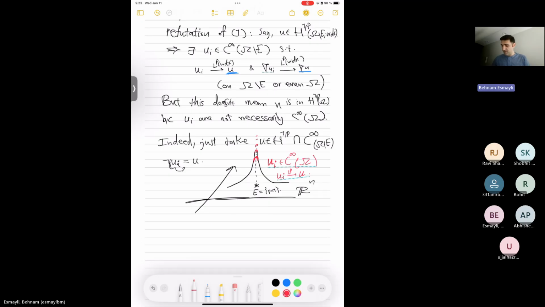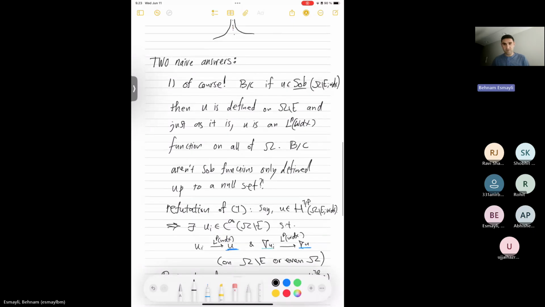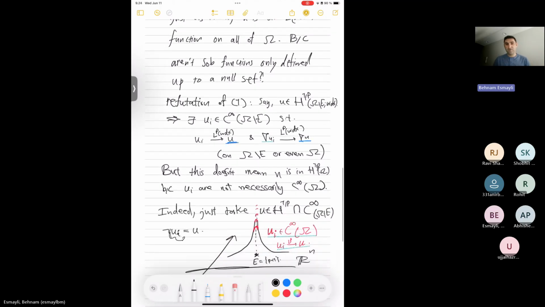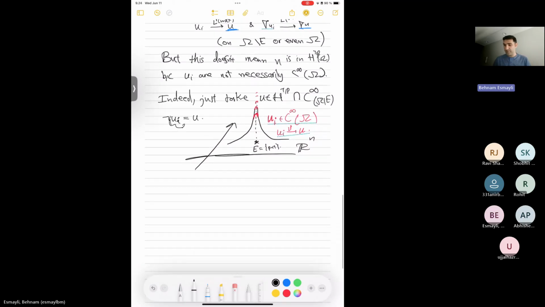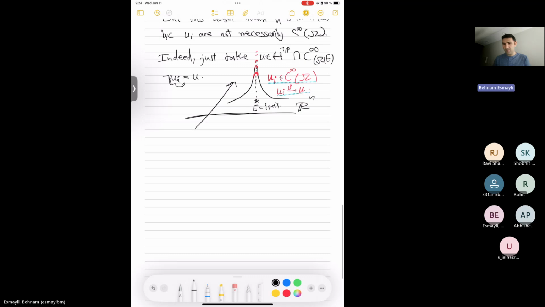So that is the first answer to the question, showing why it is not obvious. It's not a question of defining or extending u here. The function is already defined almost everywhere. It's about the smoothness part. And also notice that integrability will never be an issue. Again, the set is null.